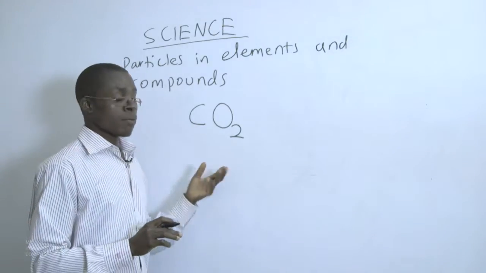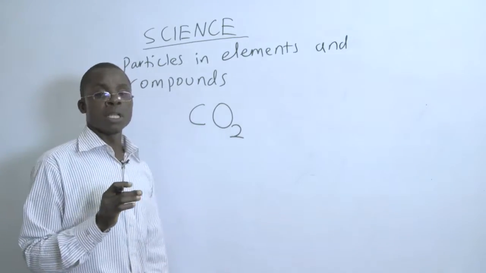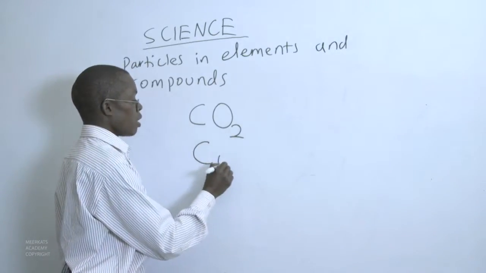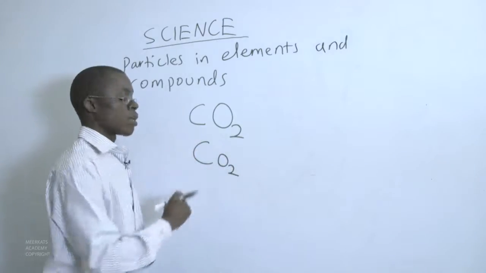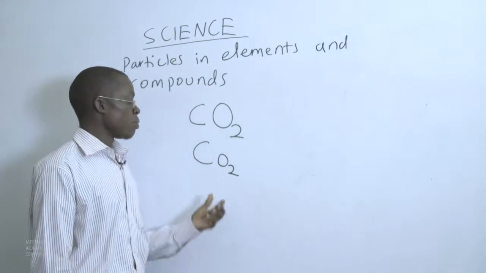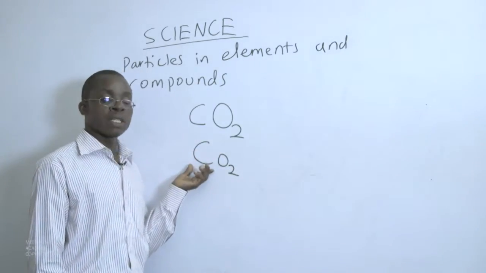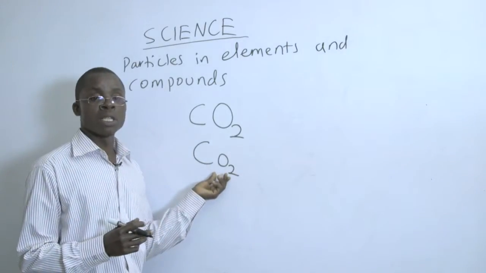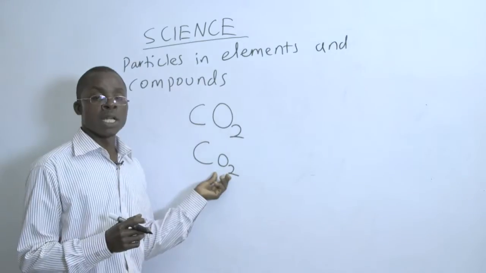The same applies here, there's a common mistake people make of writing carbon 4 oxide or dioxide that way, whereby the first letter C is written as a capital letter, but the second letter, which is oxygen, is written as a small letter.